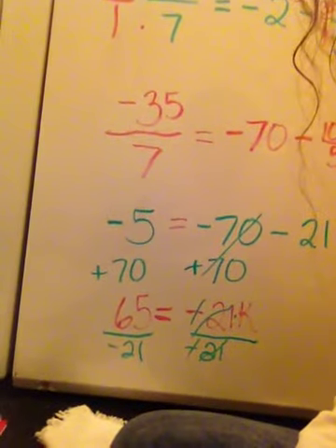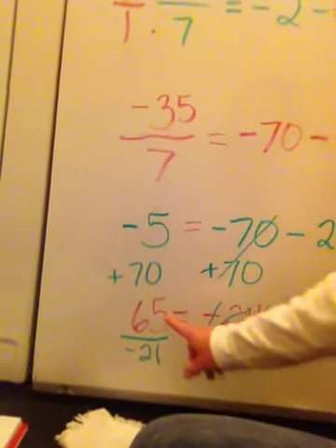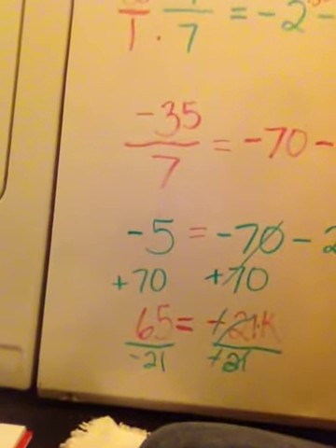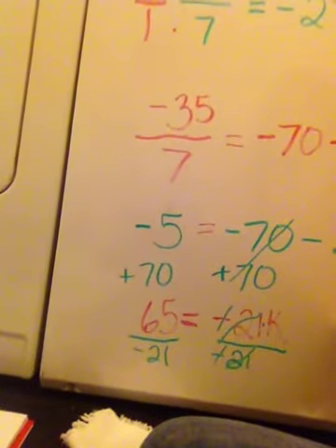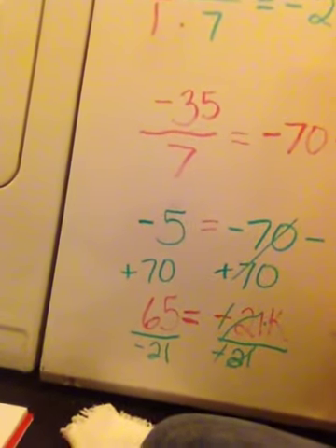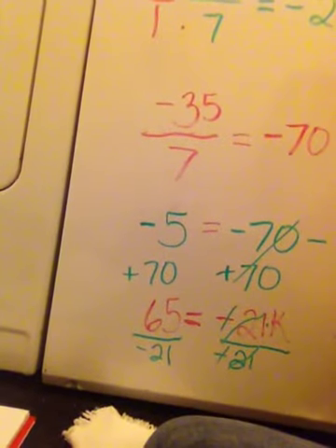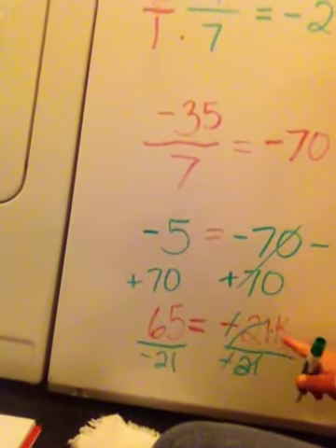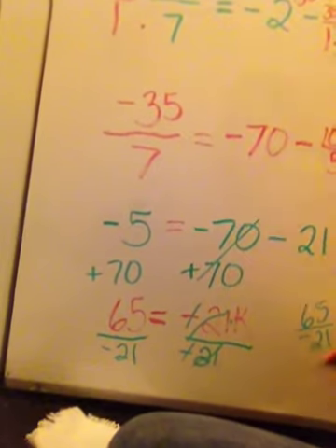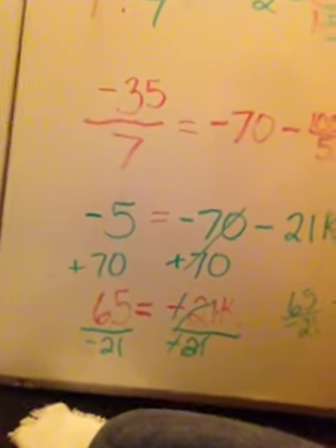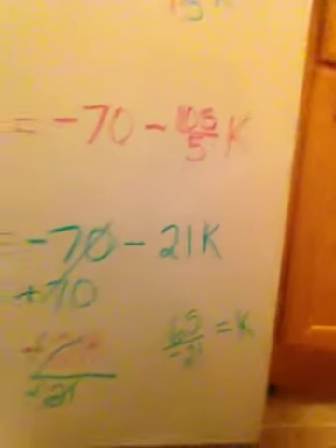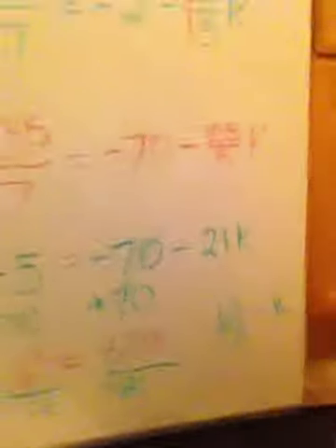Okay, yeah, so you're left with 65 divided by 21. So 65 over negative 21 equals, and the only thing left over here is k. So there's your final answer. Unless it reduces.